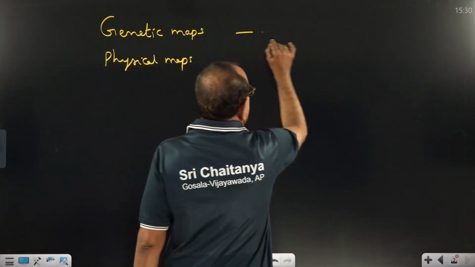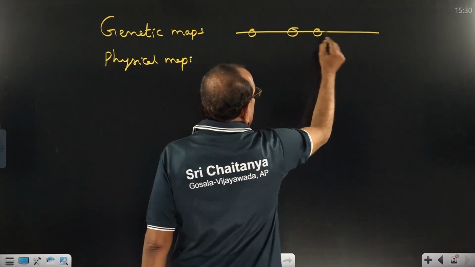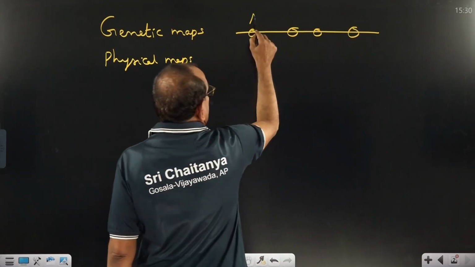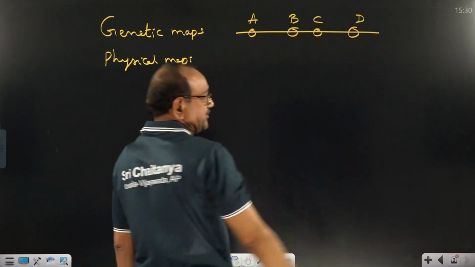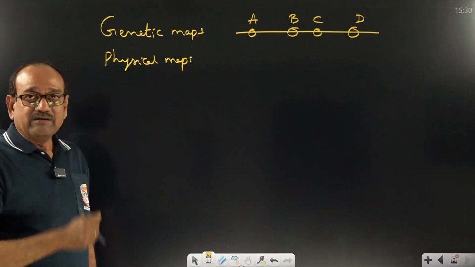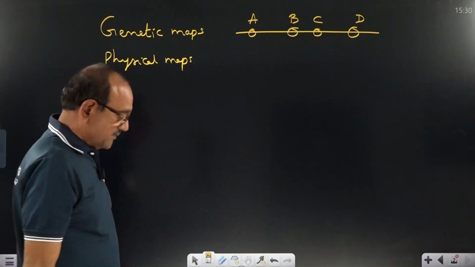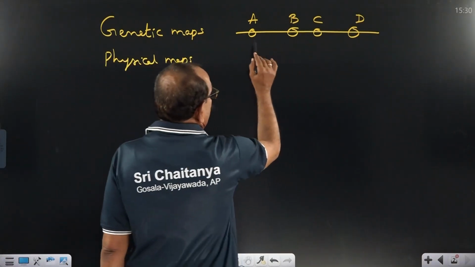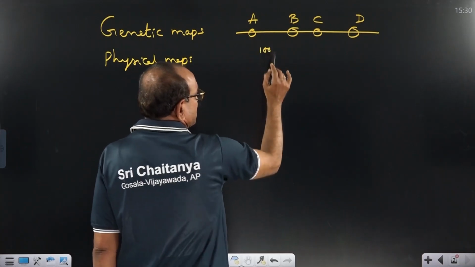A genetic map gives you only the relative position of genes on a chromosome, like this. Suppose this is gene A, gene B, gene C, gene D, like this. This can be generated by using percent recombination, that is, the crossover percentage. For example, the distance between A and B, say 100 centimorgans.